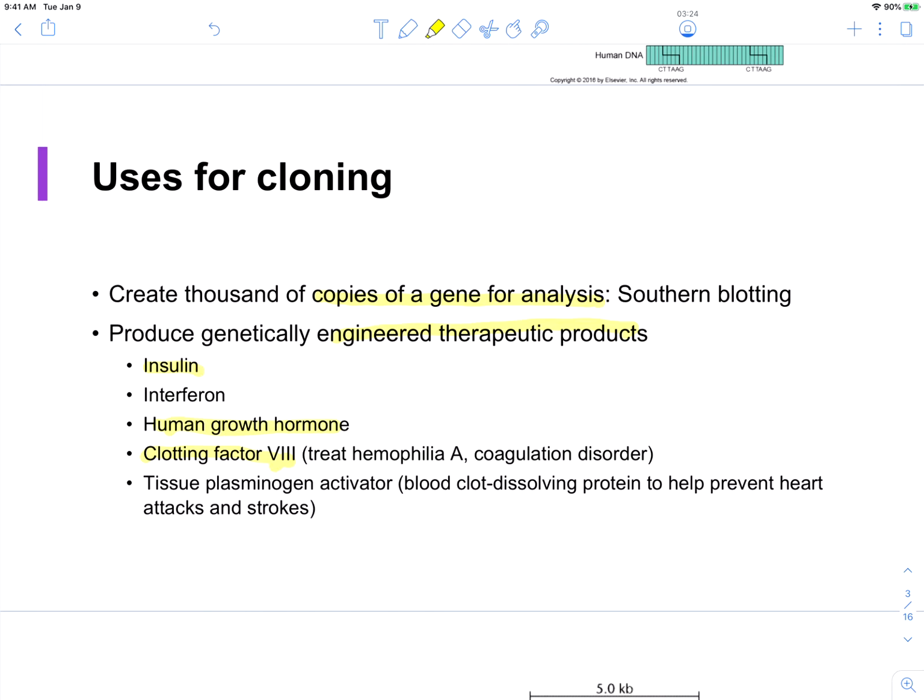Clotting factors can be made to treat different deficiencies or coagulation disorders. Tissue plasminogen activator helps to dissolve blood clots and helps to prevent heart attacks and strokes. All of these are made through cloning.